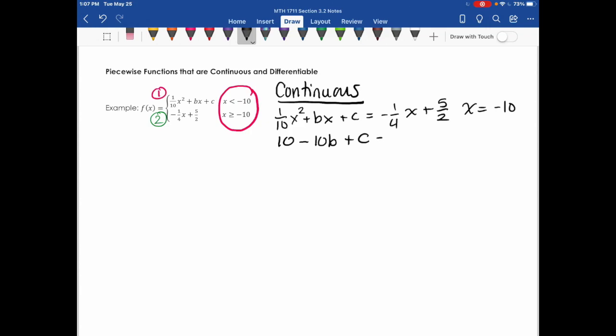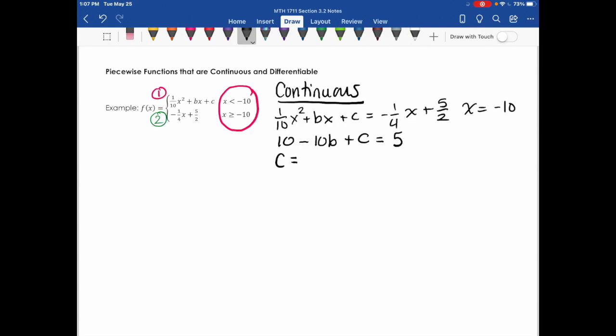When I do that, I get 10 minus 10b plus c equals, and when I plug in negative 10 for x on the right-hand side, that gives me a 5. Now if I clean this up a little bit and solve it for c, I'm going to solve it for c because I know I'm going to do a substitution later. If you were doing this blind, you would eventually go back and realize that you need to solve for c for substitution.